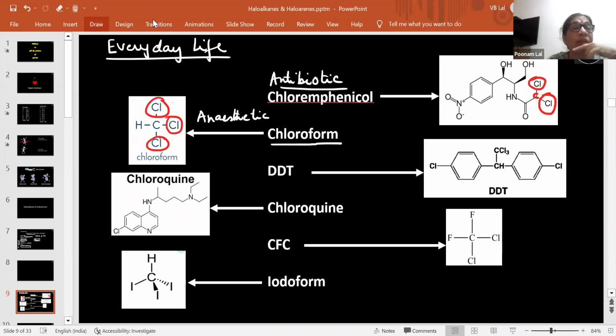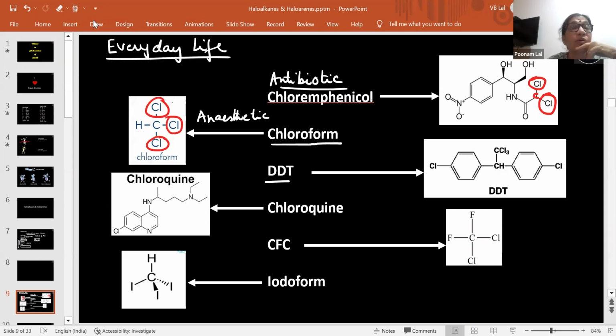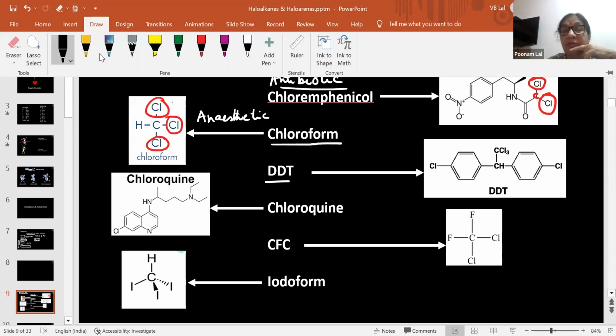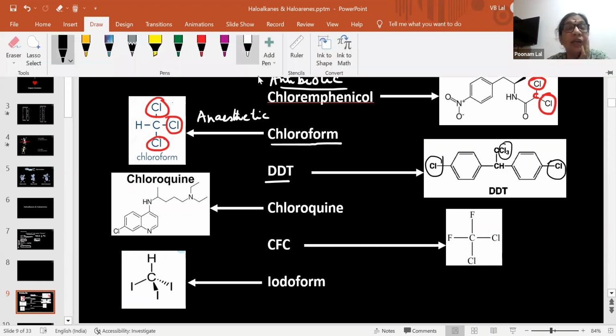Now look at the next one. This is DDT. You can see here 2 chlorine atoms are present, one here and one here. So dichloro, diphenyl, trichloroethane, DDT. What is the use of DDT? You know, DDT is a pesticide, ma'am. It's a pesticide.